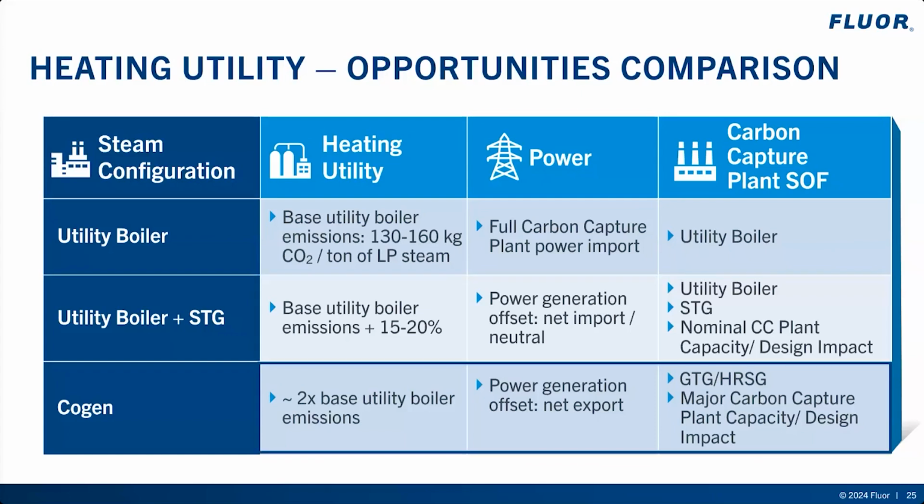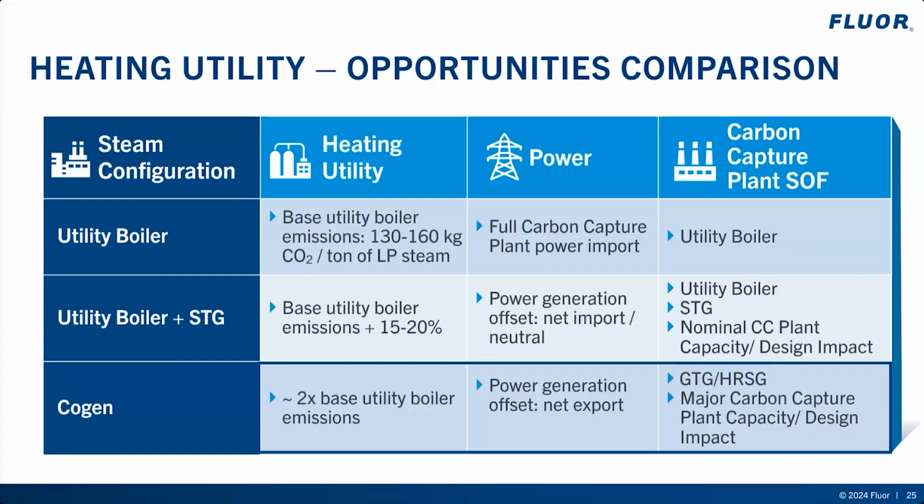Integration of a cogeneration unit, with the addition of a gas turbine power generator with heat recovery steam generation in place of a utility boiler, significantly increases the power generation relative to the same steam demand and results in excess power generation beyond the needs of the carbon capture plant.